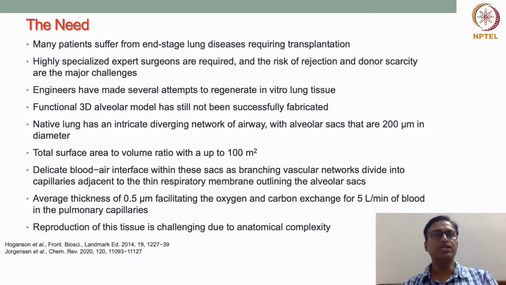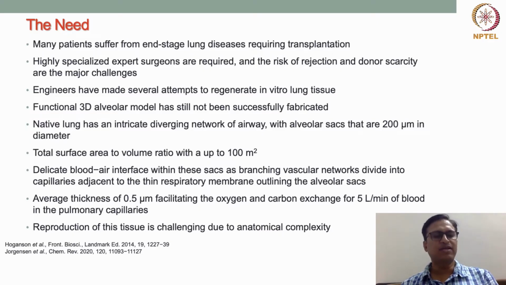The average thickness of this respiratory membrane is very fine, about 0.5 micron. That facilitates oxygen and carbon dioxide exchange with 5 liters per minute of blood in the pulmonary capillaries.